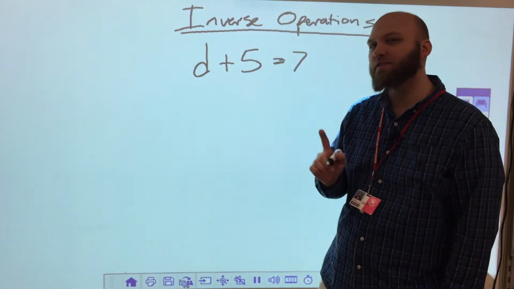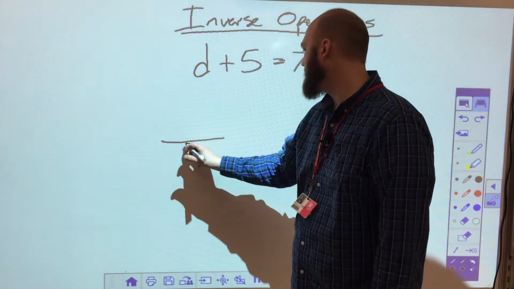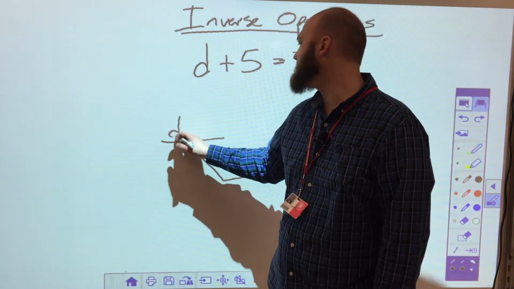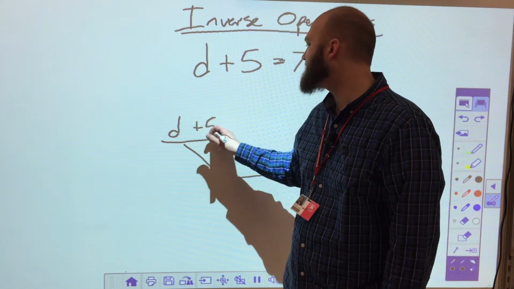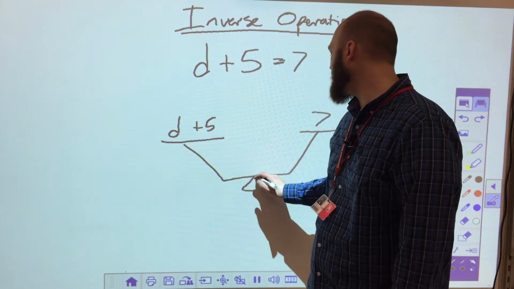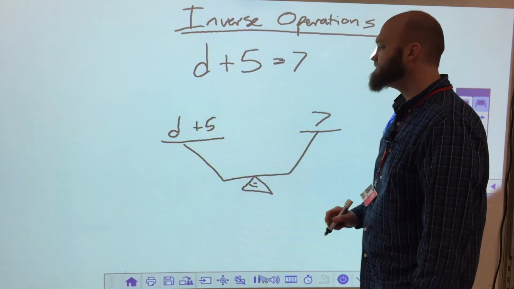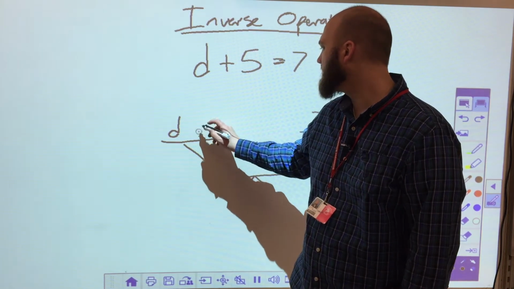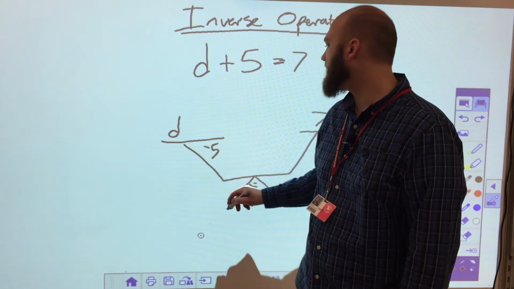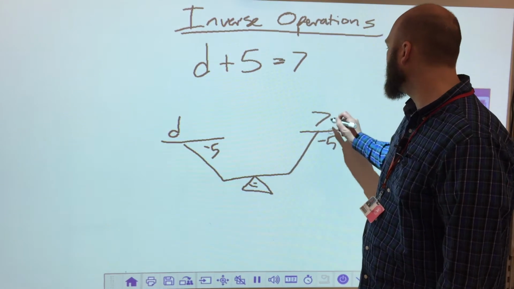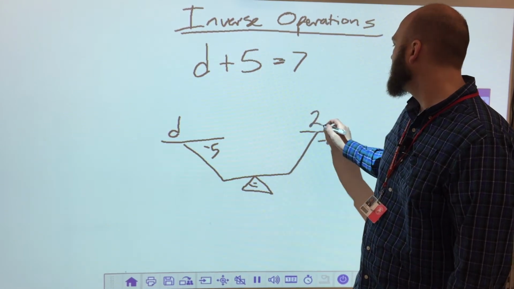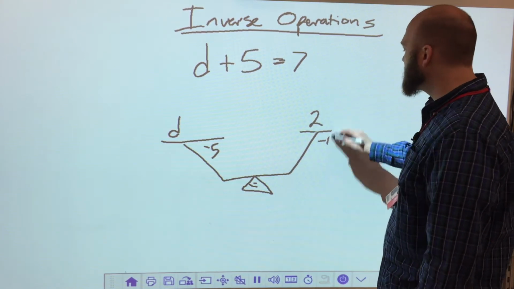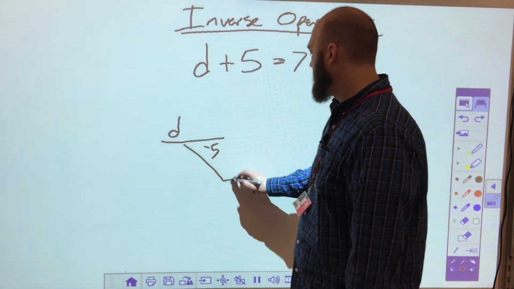But if I remember that this was a scale, and I have 7 over here, and I have d, whatever d is, and then I have 5, and I know that they have to be equal. Well, if I remove 5 from here, I'm going to take 5 off. I also have to take 5 off of here. Now, d is equal to 2.